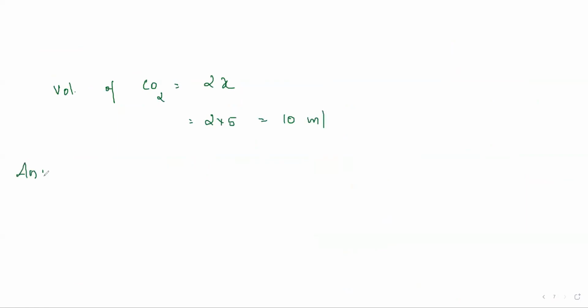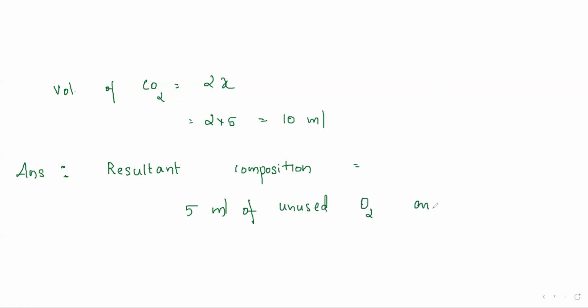Now, the final answer has to be written down separately, stating the resultant composition. The resultant composition is equal to 5 ml of unused oxygen and 10 ml of carbon dioxide. This is your final answer.